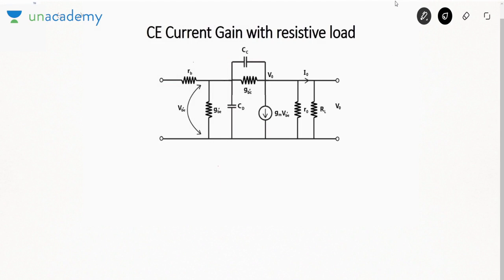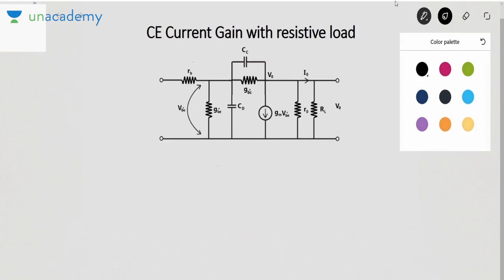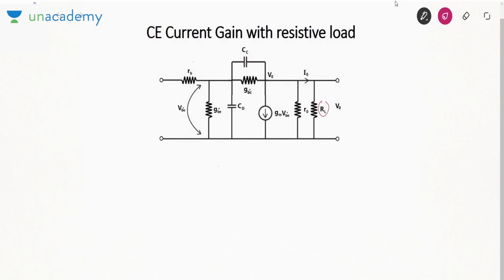Now let us see what if we don't short circuit the load but we connect a resistive load RL. Now this is the input port, this is your output port. Now if you see that these two parameters are connected between input and output.